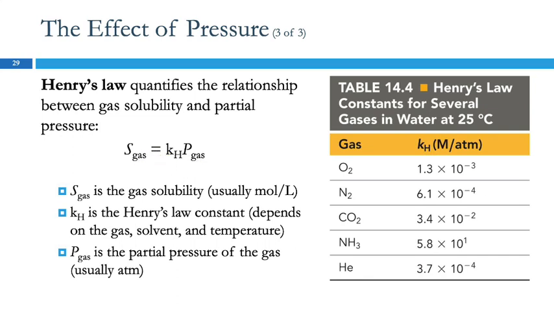That's going to depend on the gas, on the solvent, and on the temperature. So it's like, well, how constant is that really? But here are some Henry's law constants for some gases. These are all for these gases dissolved in water at room temperature. So the higher the pressure, the higher the solubility of the gas.